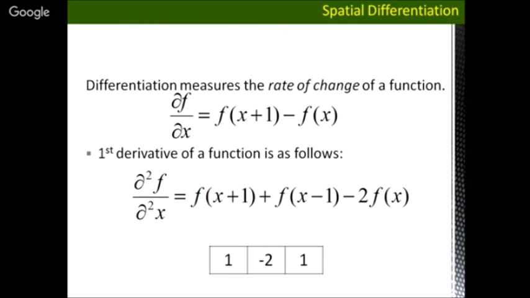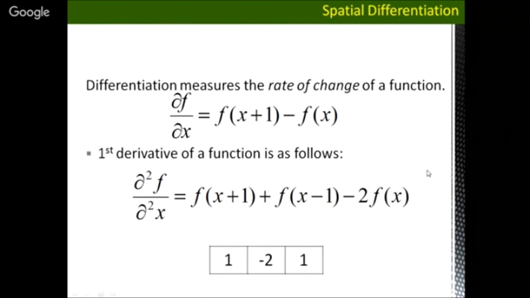First derivative could be the difference between the two neighbors of the current pixel. So if f(x) happens to be the current pixel, it has two neighbors on left and right. It's like sitting in a row. You can find your left neighbor, you can find your right neighbor. If you want to differentiate that x-axis based line of pixels, for every pixel we can find the difference and sum them up again.